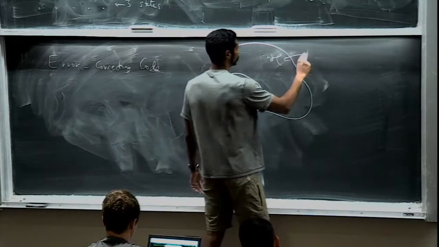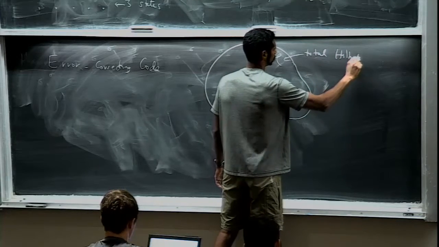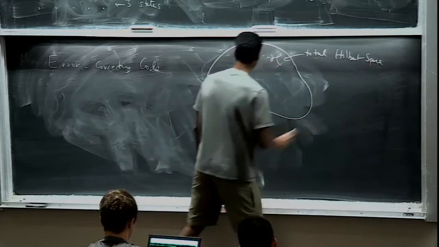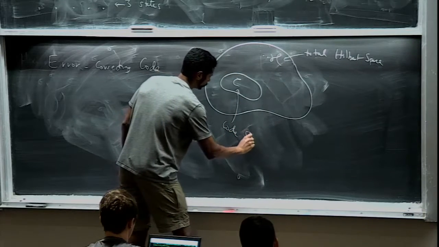So this is the total Hilbert space. A subspace called the code space.